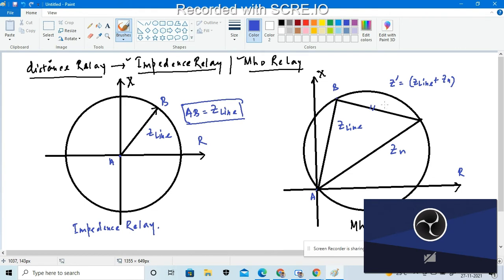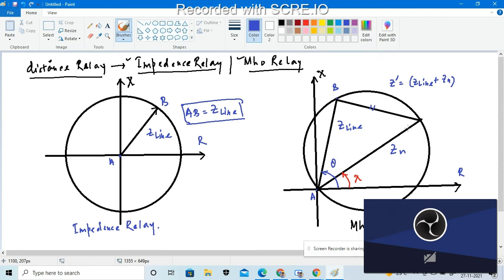We consider two angles: one is lambda, and the blue one is the angle theta.